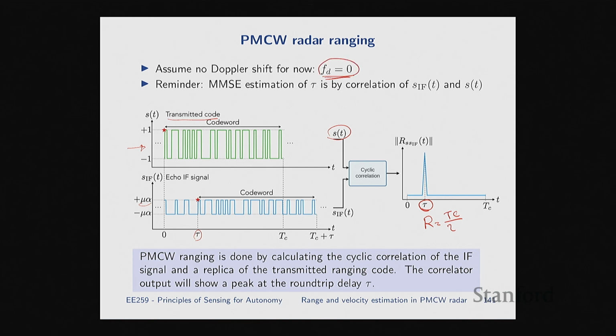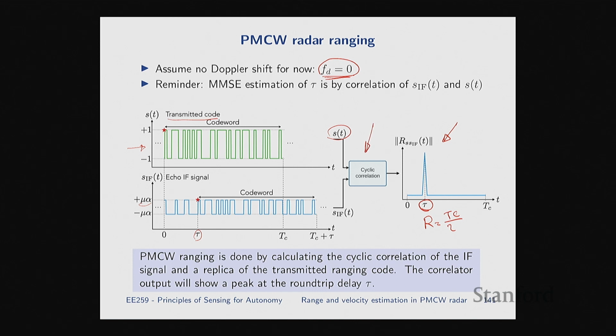What about when there's Doppler? Interestingly, the Doppler part of PMCW becomes identical to FMCW. When it comes to both range and Doppler estimation, you assume that Doppler does not affect your ranging, exactly as we did for FMCW. That phase term varies slowly enough that it does not affect the output of your correlator.